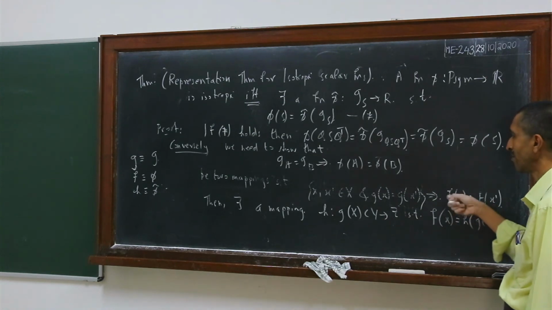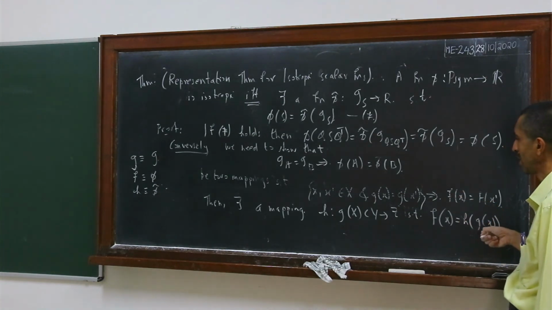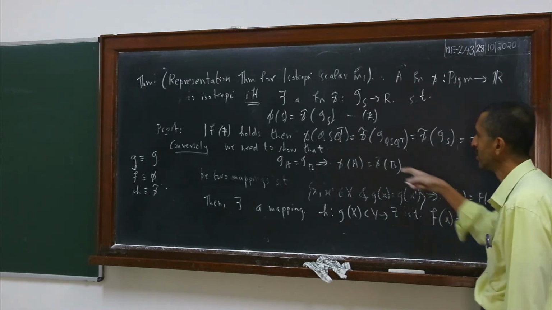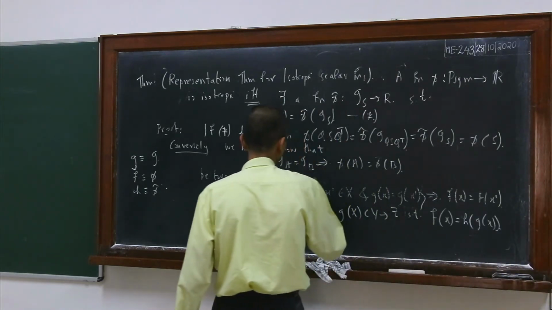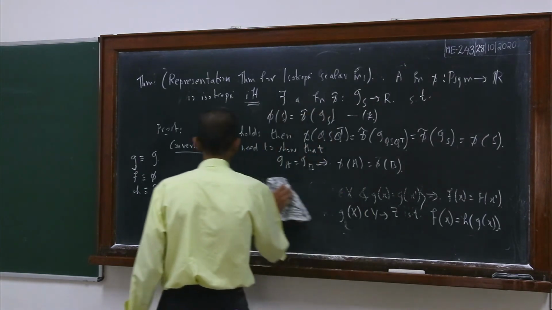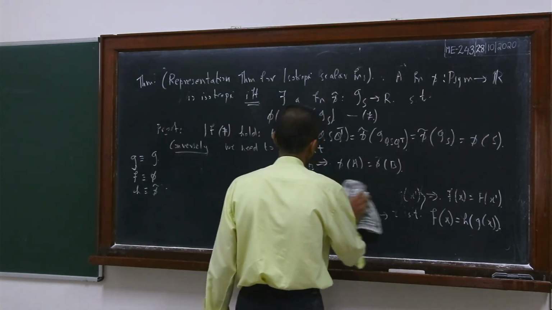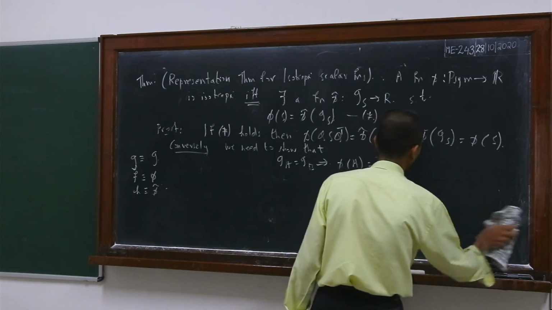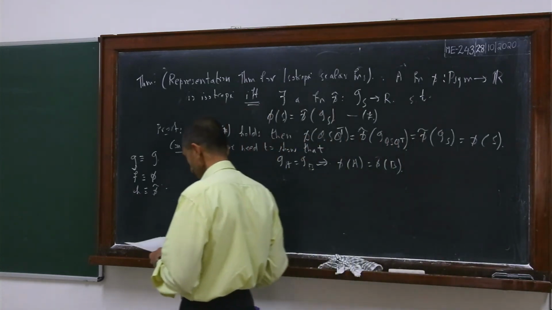So now I have made the connection with this theorem from functional analysis. Now let us try to show that I of A equal to I of B implies phi of A is equal to phi of B.